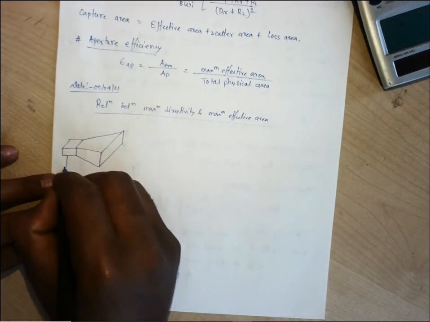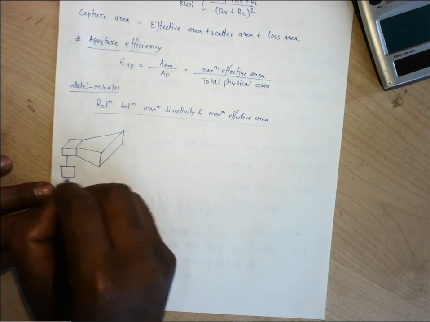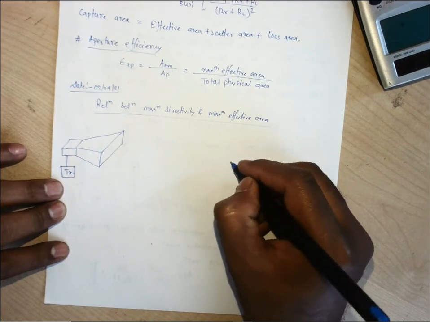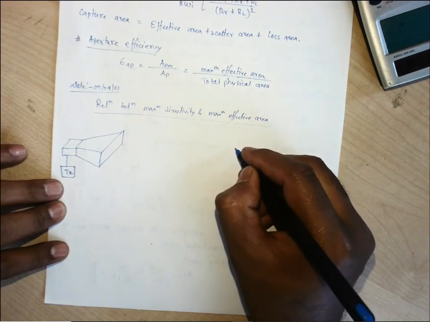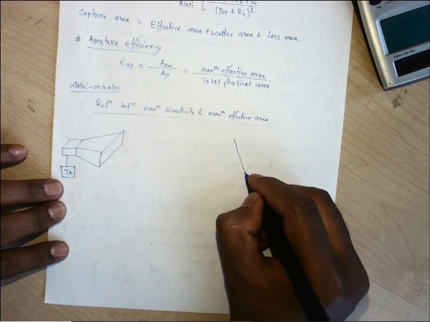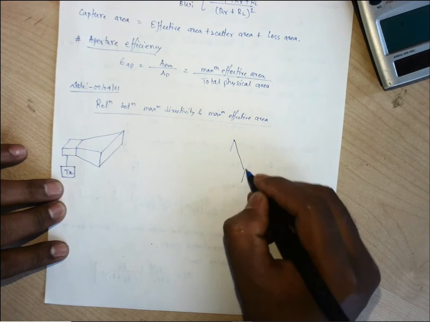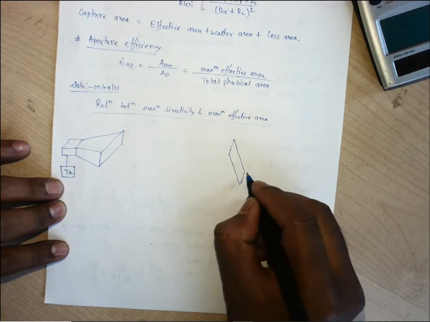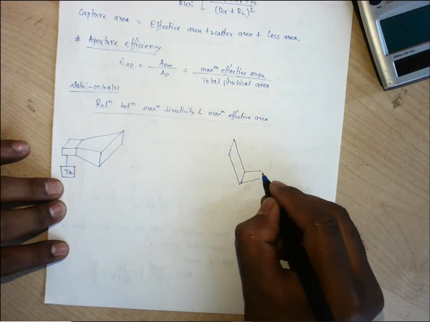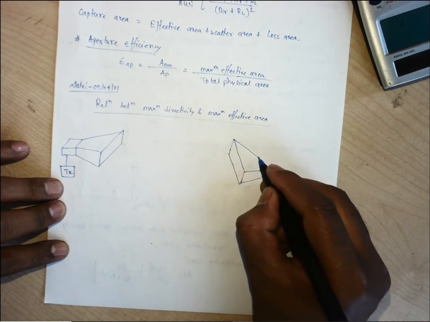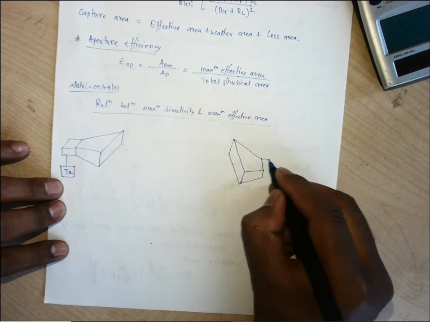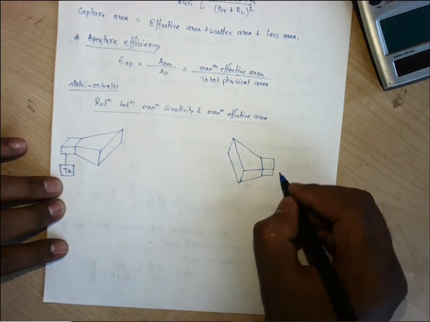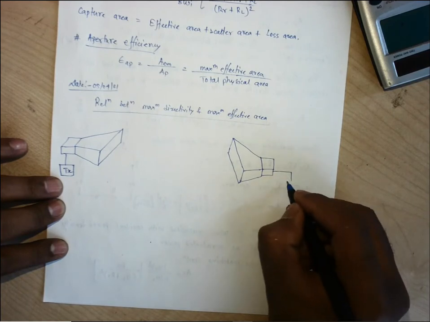Let us consider it is connected within the transmitter. In the same way we have a receiver, connected with a receiver section.